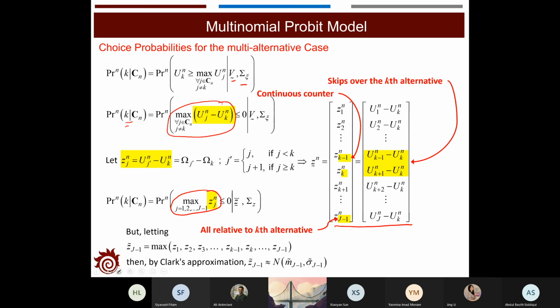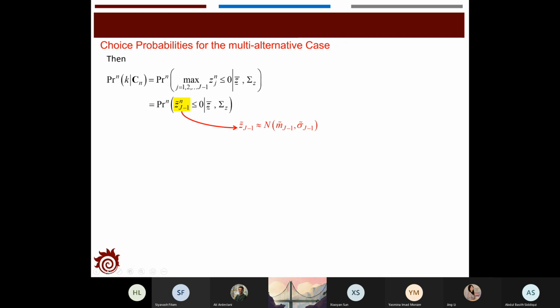For this part, as I said, it's not necessary for you to memorize all of them. So I will just give you a quick check of the results. Basically, once you have the J different alternatives, you can get the distribution of Z. The maximization of that follows the normal distribution with the mean of mj minus 1 and the variance of sigma j minus 1.